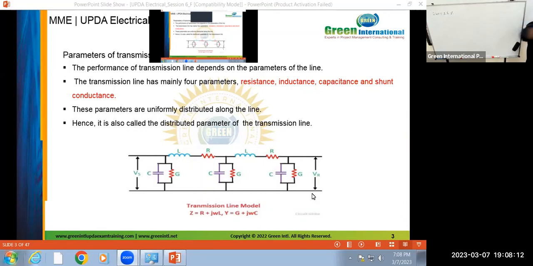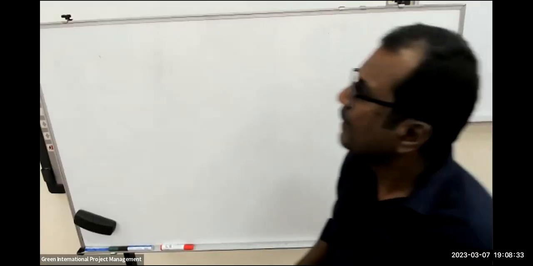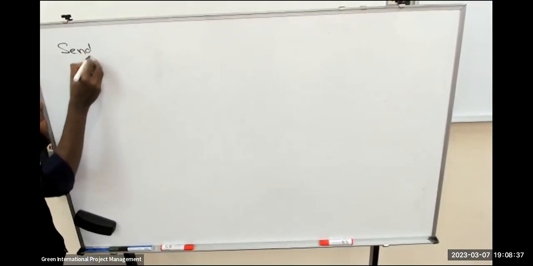Assume that we have a conductor of some length. Every conductor has its own length, cross-sectional area, and material.